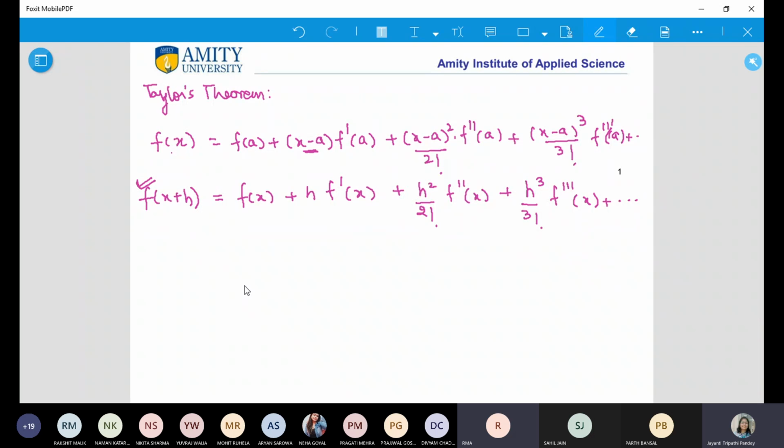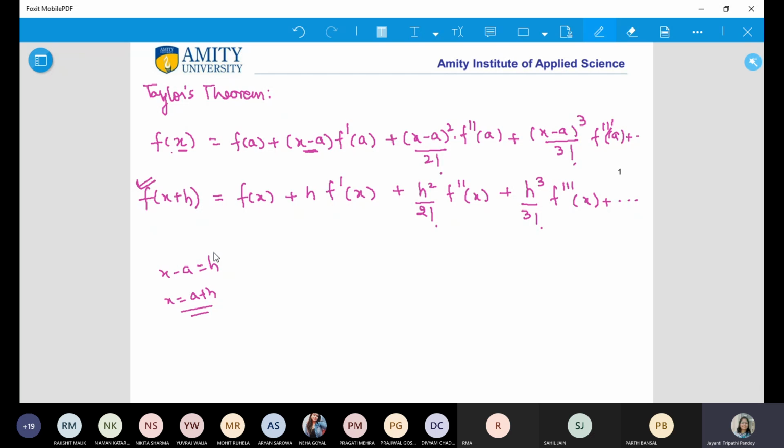Now focus on this. Okay, now this is your expansion. Suppose in place of x minus a, you write h. Then what will you get here? You will get x as a plus h.